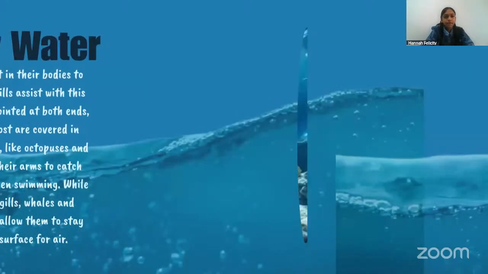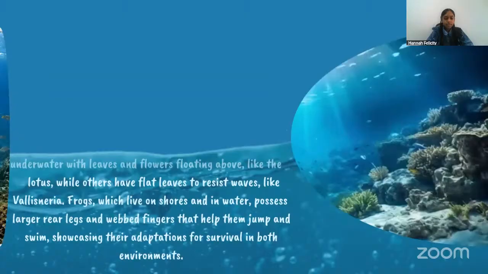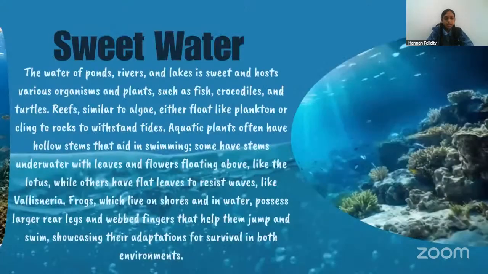The next topic is sweet water. The water of ponds, rivers, and lakes is sweet and hosts various organisms and plants, such as fish, crocodiles, and turtles. Algae either float like plankton or cling to rocks to withstand tides. Aquatic plants often have hollow stems that aid in floating.